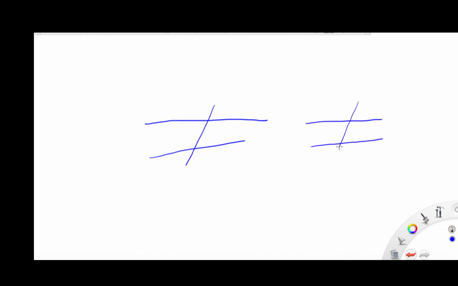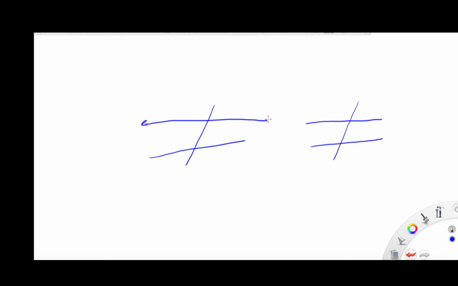All right, 1C is dealing with transversals, and essentially transversals are only parallel if they have a unique look to them. I'm going to show you the difference between parallel transversals and a non-parallel transversal.